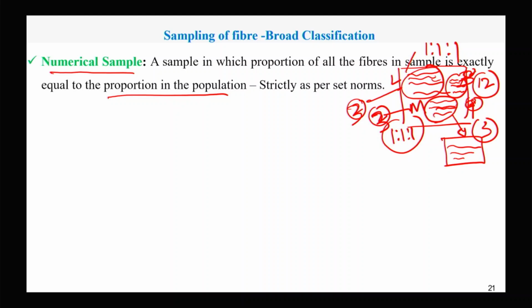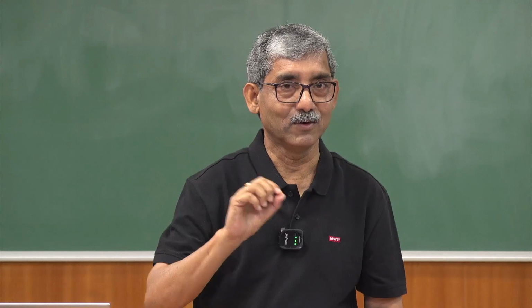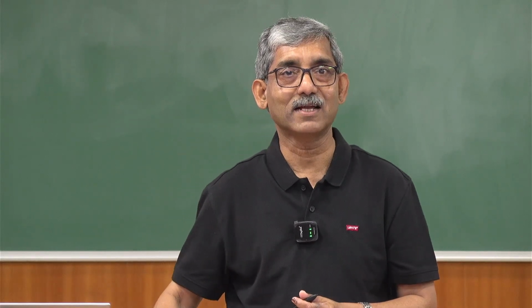What it actually means here is, when we take the sample from the population, we are not disturbing the population proportion, basically. That means we are selecting the fiber irrespective of fiber length. No biasness is there.